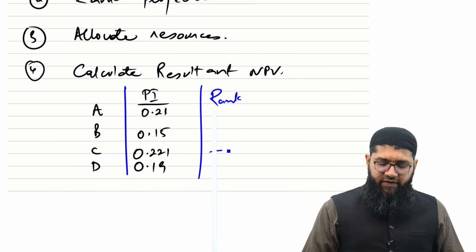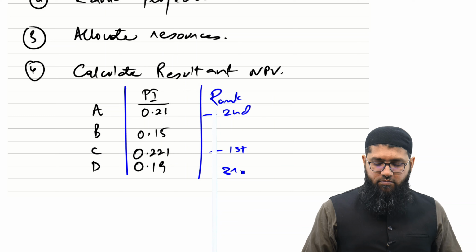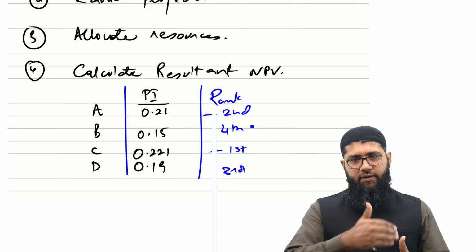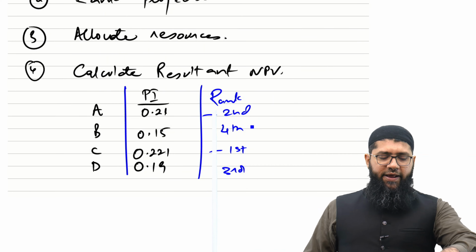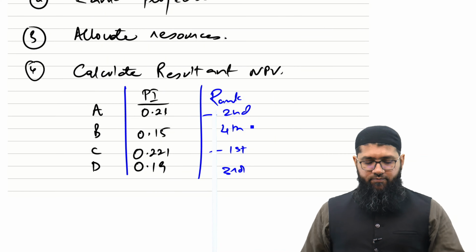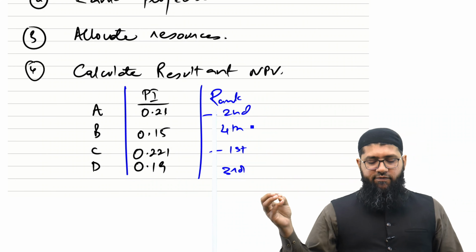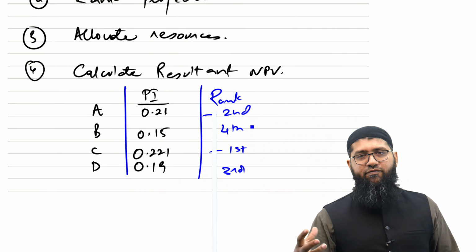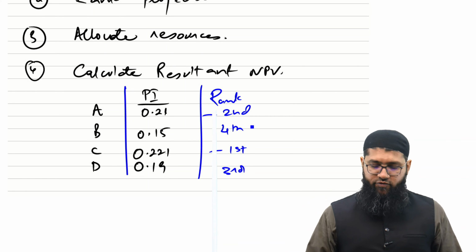You're going to say this is the first ranked project, this is the second ranked, this is the third ranked, this is the fourth ranked project, and you would move accordingly. So you would allocate whatever amount you have to project C first, then the remaining to project A, then to project D, and so on and so forth.